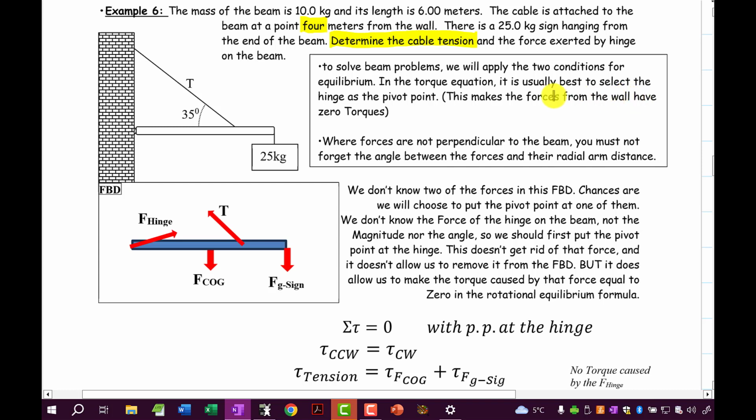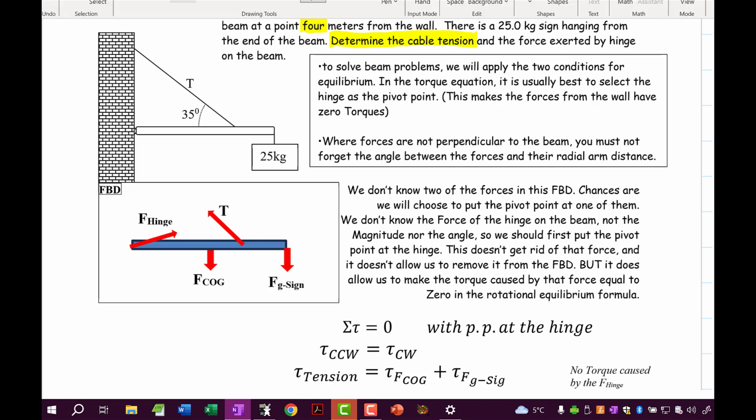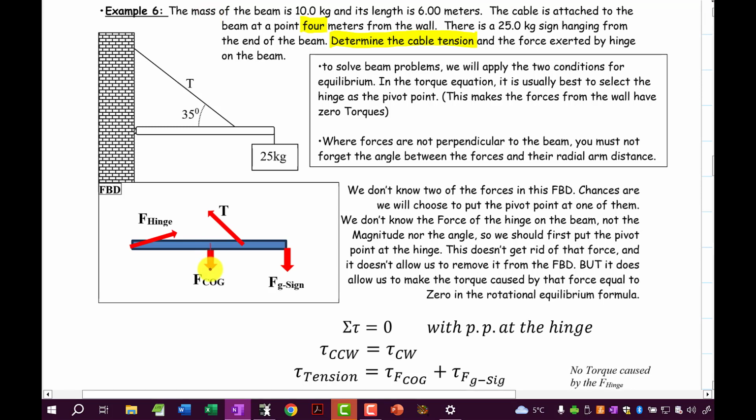So if I had to draw a free body diagram, and I'm doing it for you first to help you, there is the beam, there's the sign pulling it down, there's a center of gravity pulling it down, the tension pulling it up, and there is some unknown force from the wall.